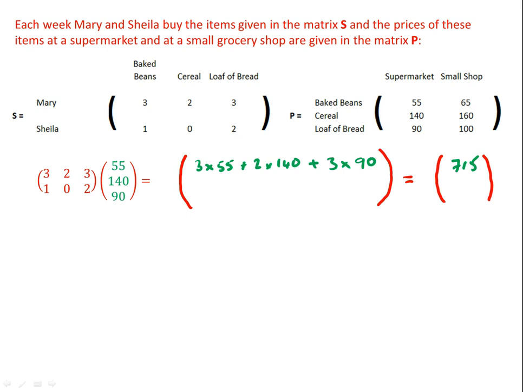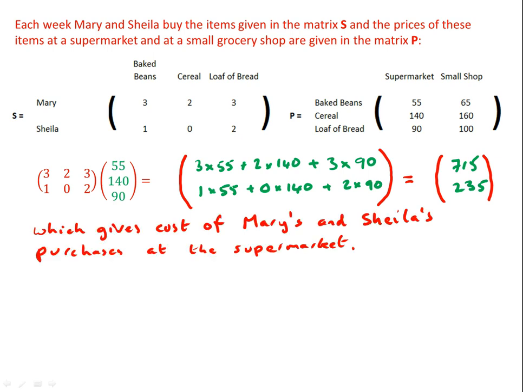And we've also got 1 times 55 plus 0 times 44 plus 2 times 90, which gives us 235. And the significance of this calculation is that 715 would be the cost of Mary's purchases if she bought them at the supermarket, and the 235 would be the cost of Sheila's purchases if she bought them at the supermarket.